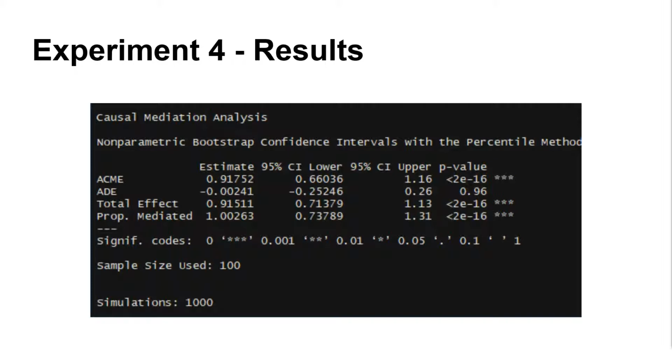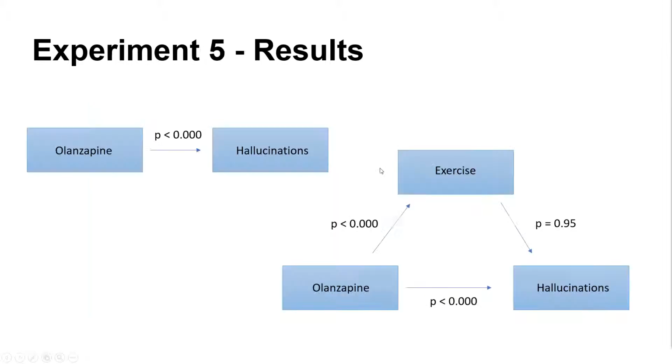Just rules of thumb with the bootstrapping is that it does not assume normality, and again, it does indicate which direct and indirect effects are significant. As you can see in this table, although our direct effect is not significant, we do see a significant indirect effect in our model.